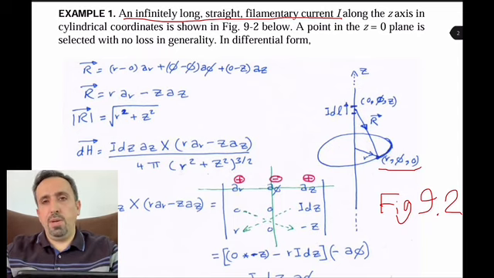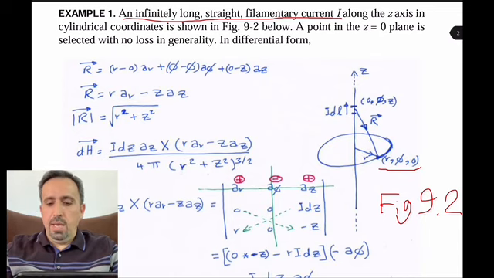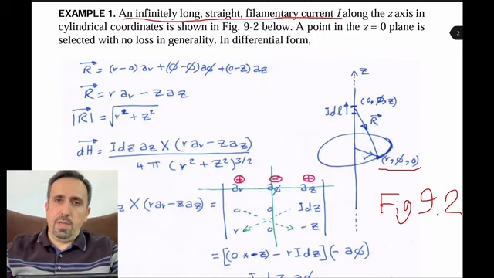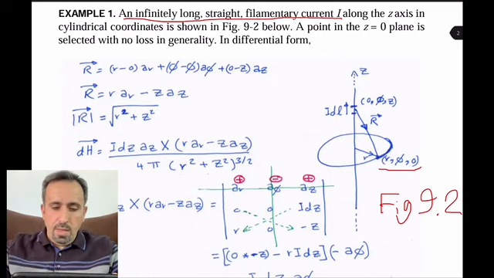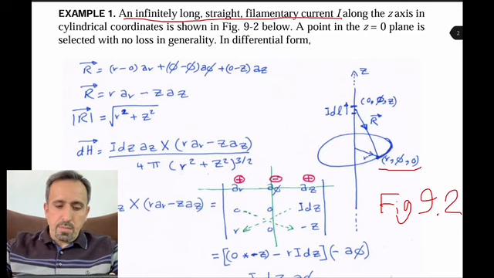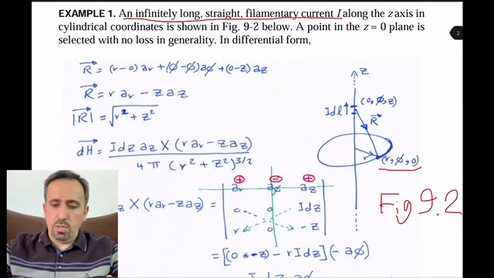Its location will be r phi 0. Why? Because it is for any angle and for any radius, and for a fixed height z equals 0.